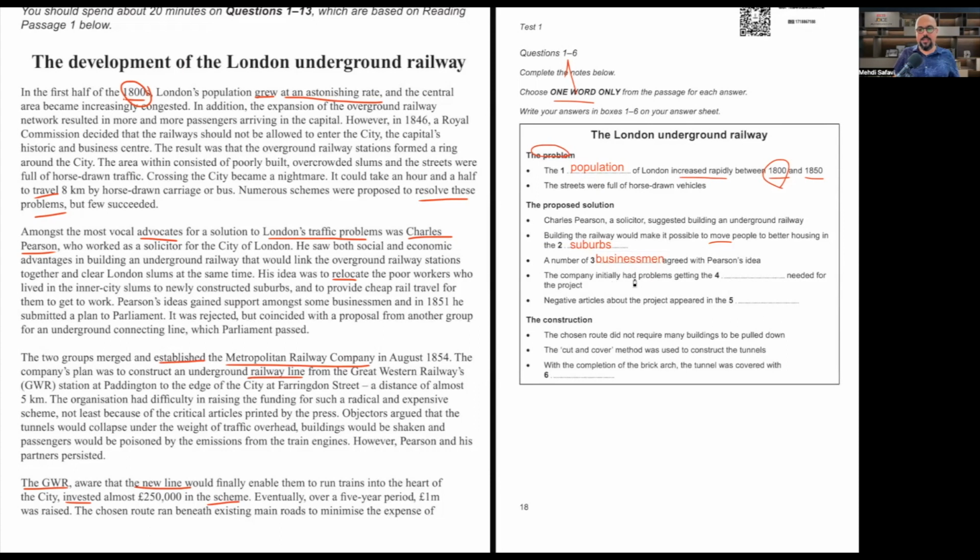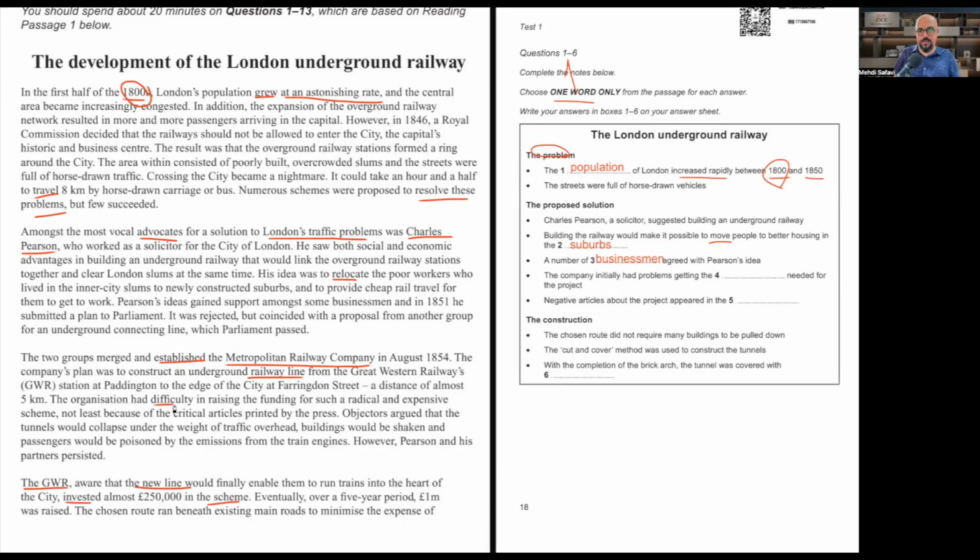The company initially had problems getting the needed for the project. So what is needed for the project? Ask yourself this question. Well, let's find out the problem of something that was needed, but they couldn't get it because they had problems initially. Difficulty, okay, difficulty, problem.